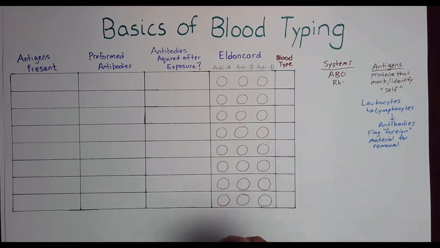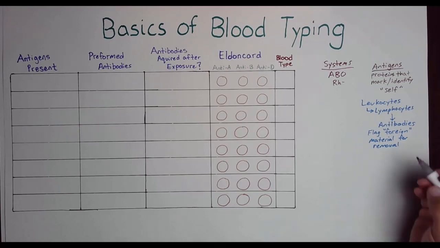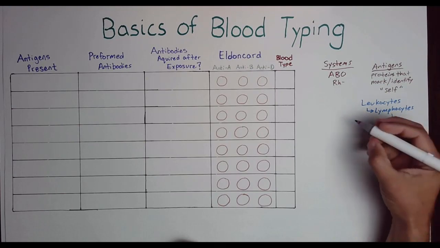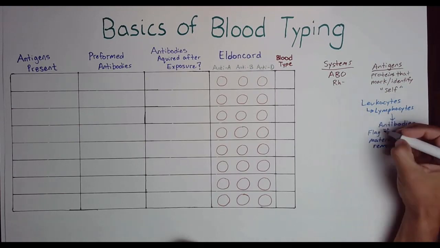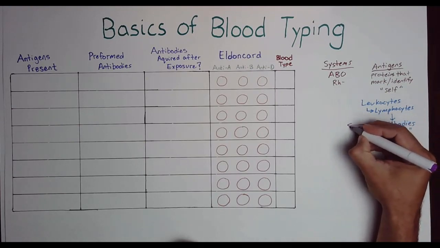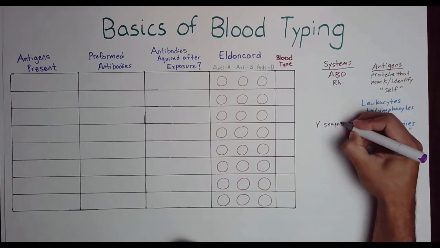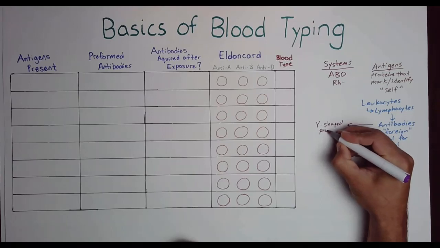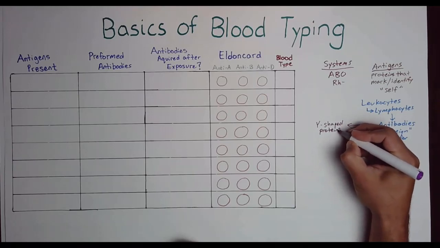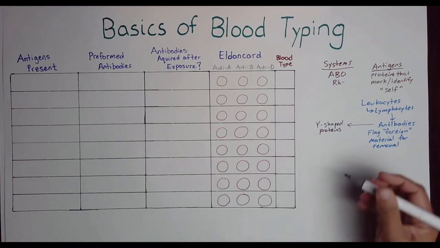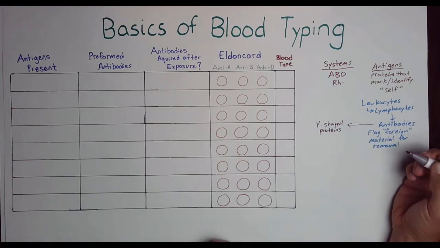What are antibodies? Let's go one step further, because it's going to help us learn a new term. Antibodies are also proteins, mostly, which is good enough for the purpose of this video. These protein flags are Y-shaped.